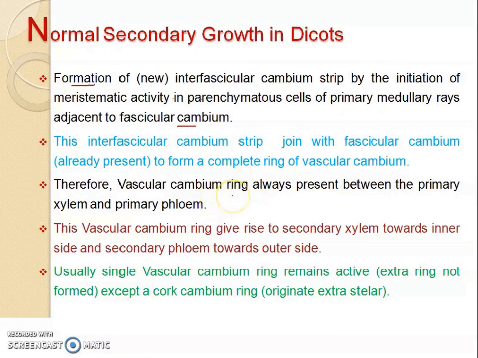Therefore, the vascular cambium ring is always present between the primary xylem and the primary phloem in case of normal secondary growth. This cambium ring gives rise to secondary xylem towards the inner side and secondary phloem towards the outer side.